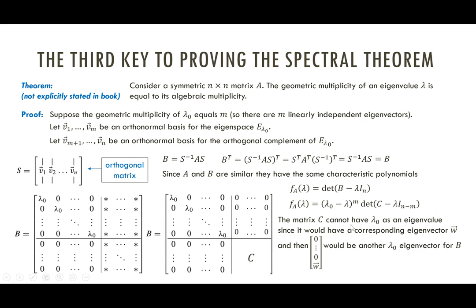So matrix C can't have lambda_0 as an eigenvalue, which means the determinant of C minus lambda I_(n minus m) cannot have a factor of lambda_0 minus lambda. And so this means that, in fact, the algebraic multiplicity of lambda_0 in the characteristic polynomial of A has got to be m.